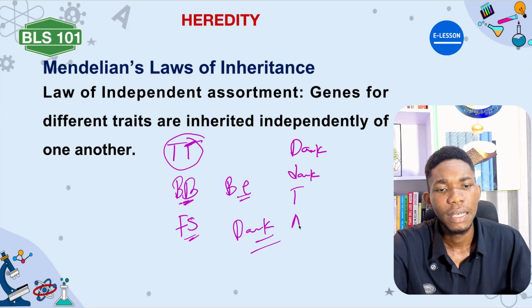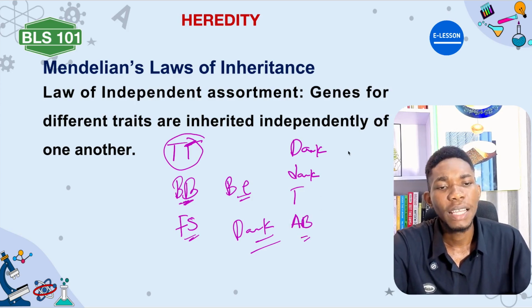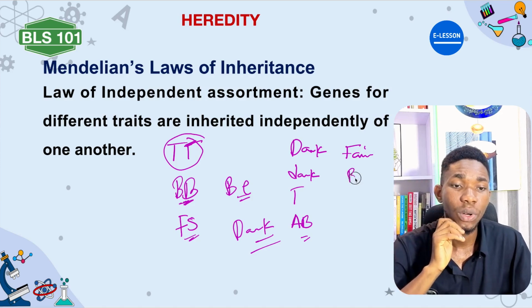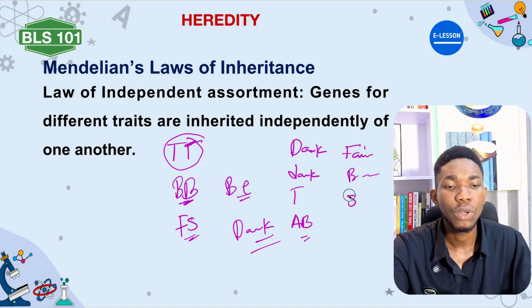And let's say her genotype is AB. Now, the father, an American man. Let's say the American man is fair. His hair is blonde, normal American hair. Blonde also. Then he's short, he's not tall. The blood group, let's say O.